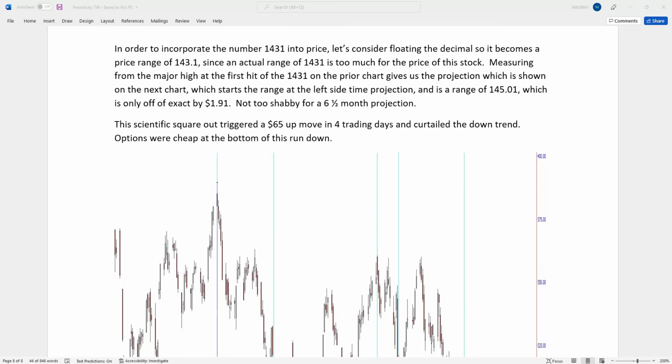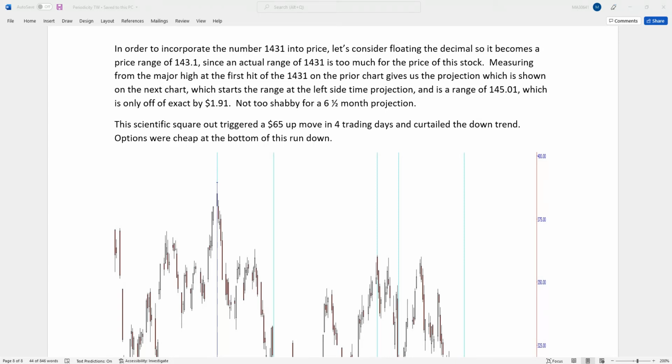So here it is, the last page and the last chart of the article. I'm just going to read it word for word. In order to incorporate the number 1431 into price, and remember that 1431 was our harmonic convergence of 3 key numbers, one of them being number 27, which we were calling our root harmonic.